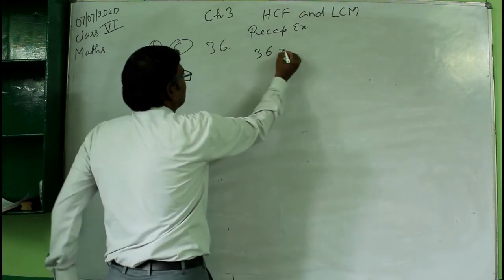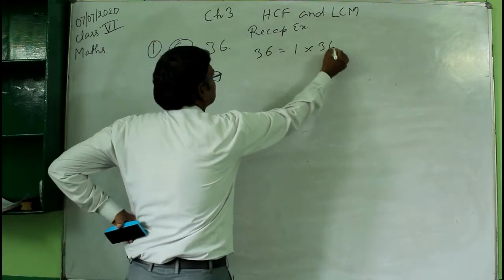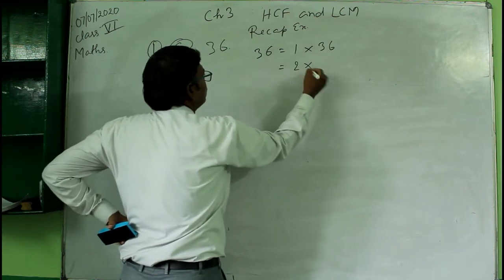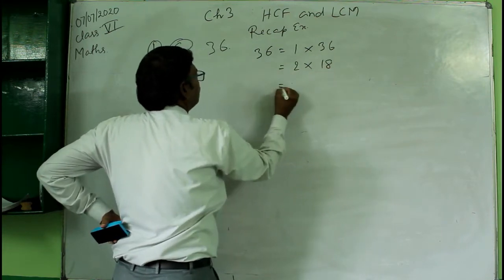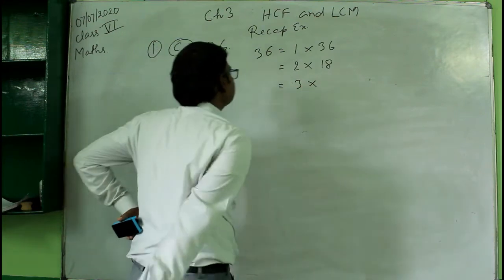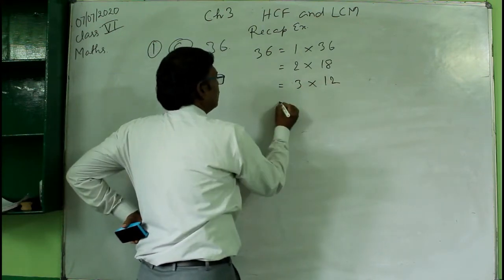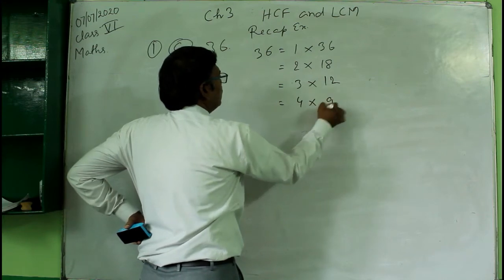You can write 36 as 1 into 36, and 2 into 18, and then 3 into 12, and also 4 into 9.